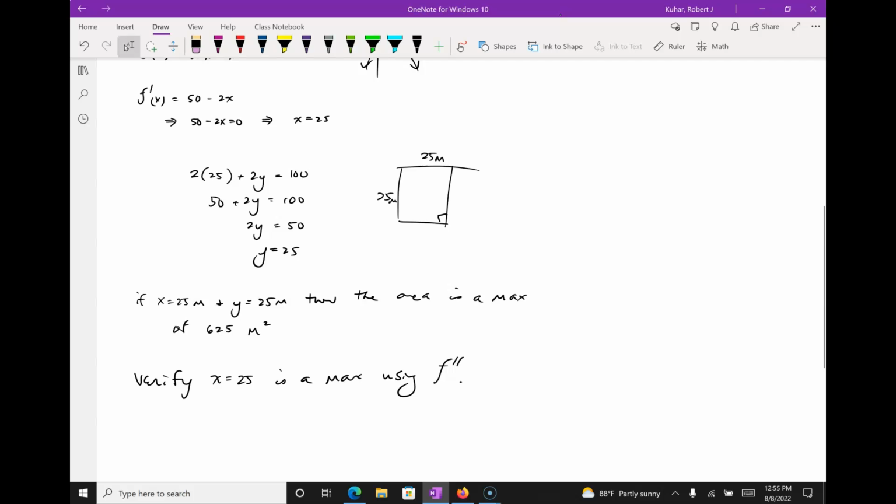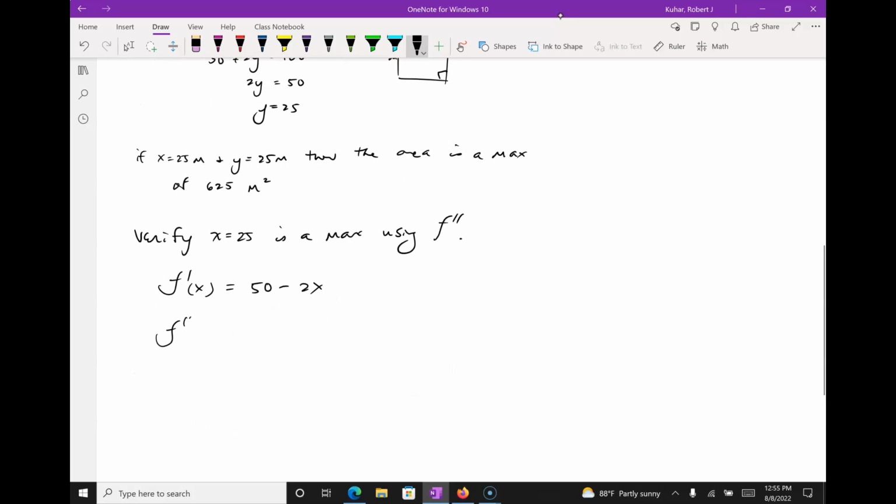So what was f prime of x? f prime of x was 50 minus 2x. f double prime of x is what? Negative 2? So f double prime of 25 is negative 2.